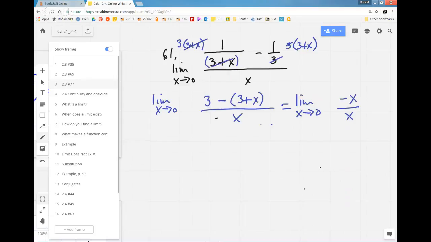So that leaves me with that, and now I can finally cancel. And I get, and now what is that limit? That limit doesn't have anything to do with x, so it's just plain -1. So there's a case where some algebra work allowed us to finish that one up.